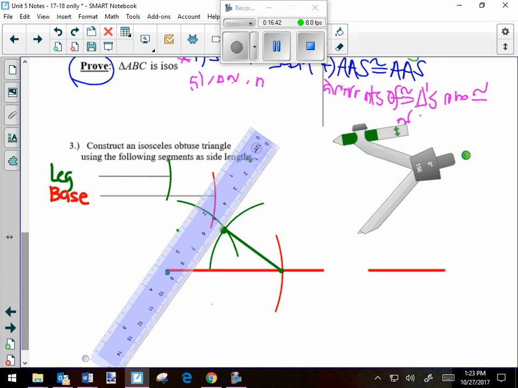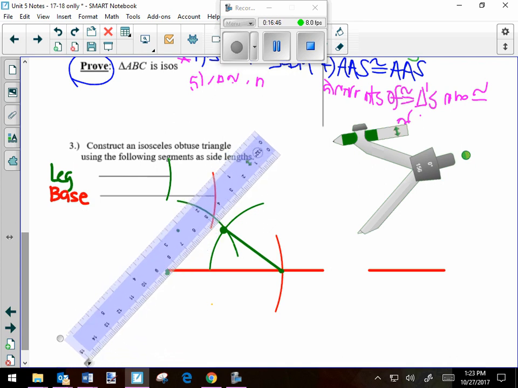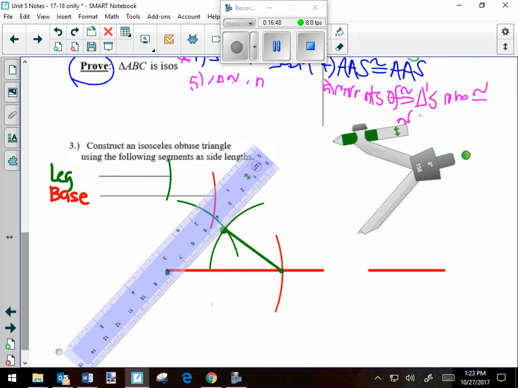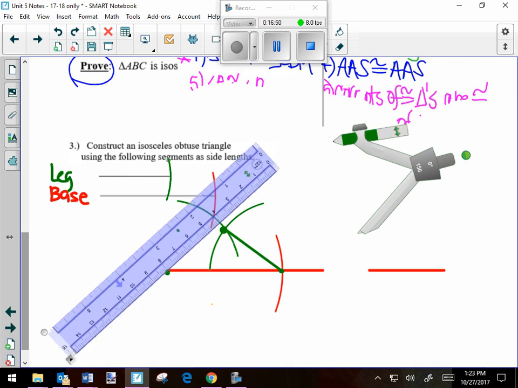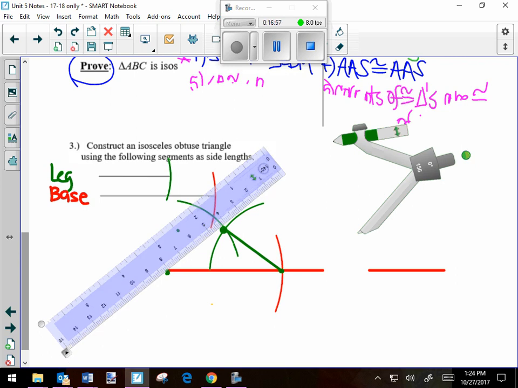Now draw this one in. And when I'm done here, you're going to be able to see that my two legs that I've drawn are congruent to each other, and they are both meeting at that top vertex, so that my two legs of the triangle are congruent to each other.